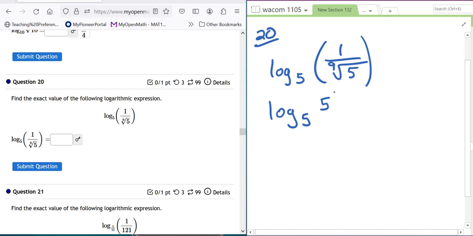So it is going to be to the negative 1/9. I believe that would do it. So if it was up here, if it was not a fraction, it would be 5 to the positive 1/9. Yeah. So this will be our answer.